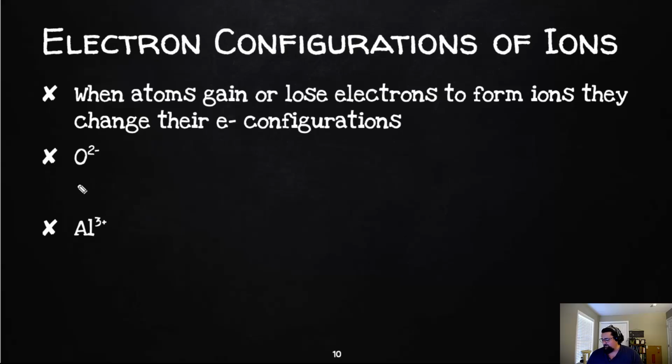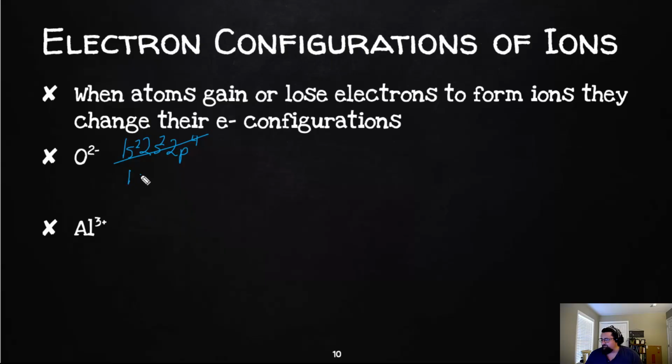Instead of 8, it now has those 10. So instead of being its normal 1s2, 2s2, 2p4, what it normally is with 8, it's not going to be that.